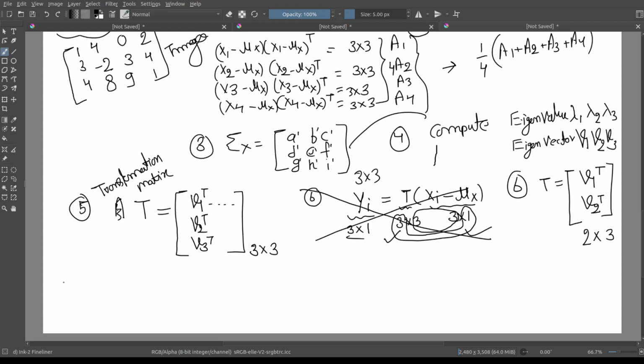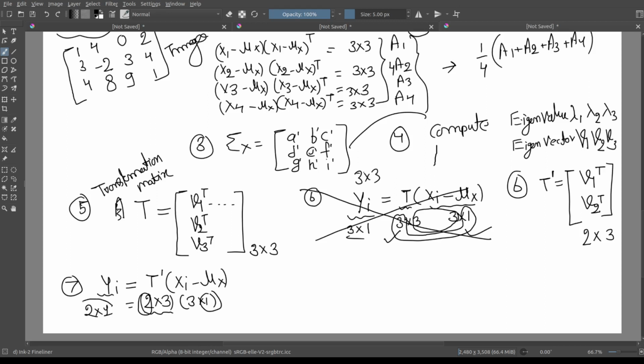Now you use this T prime, the modified transformation matrix, as the transformation. So yi will be T prime times xi minus mu x. What is the dimension of T prime? 2 cross 3. What is the dimension of xi minus mu x? 3 cross 1. So what you get is a 2 cross 1 vector.